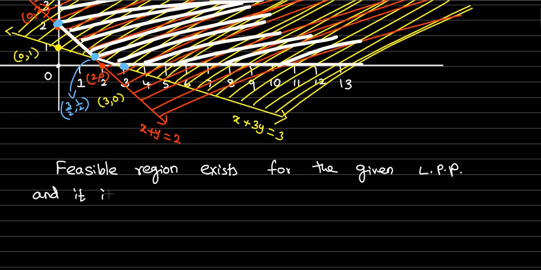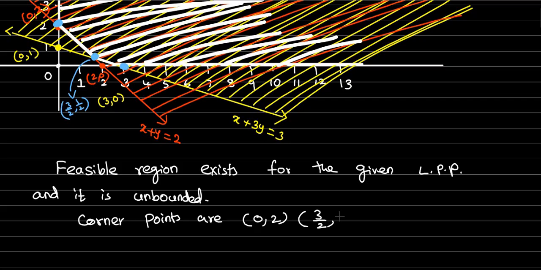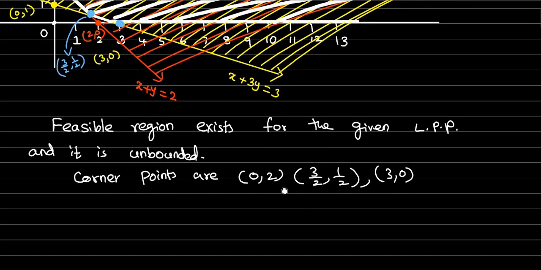The corner points are 0 comma 2, the other corner point 3 by 2 comma 1 by 2, and the other one 3 comma 0. Totally we got three corner points.